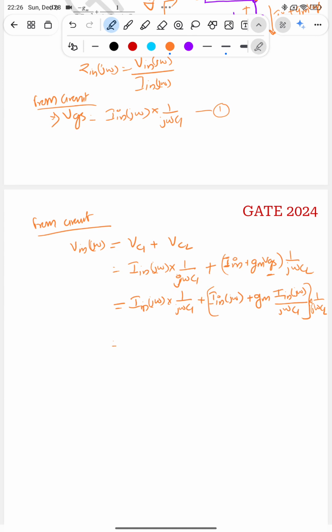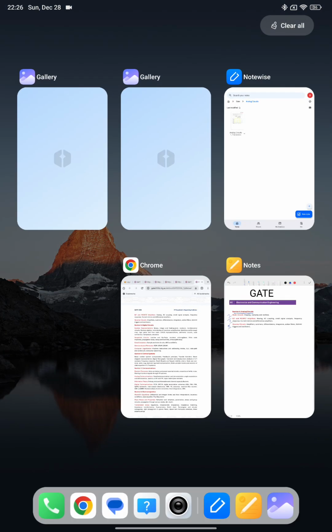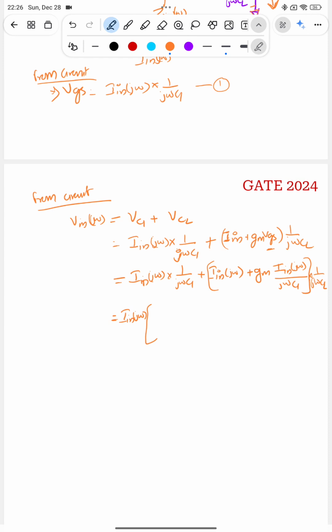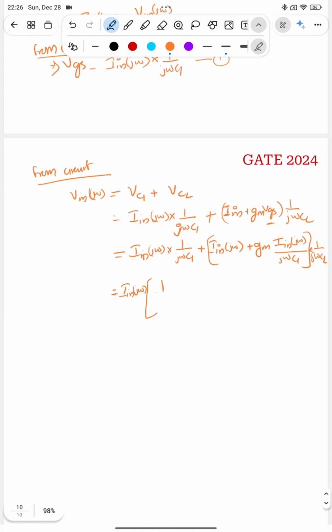So if I take I in outside, it will be 1 by j omega C1 plus 1 by j omega CL plus Gm into 1 by j omega C1 into 1 by j omega CL.